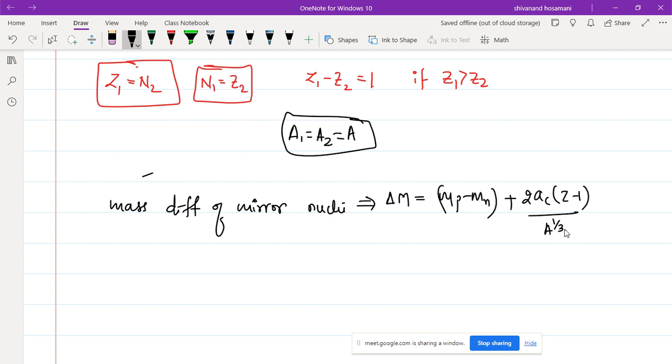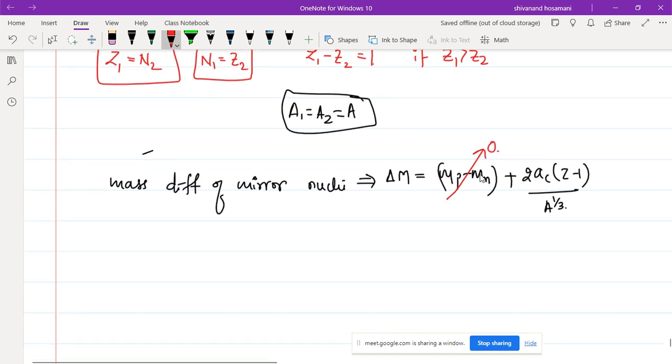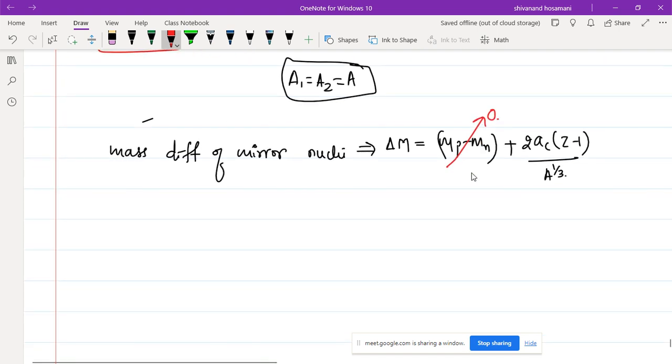Is it 1 by 3 or 2 by 3? It is 1 by 3, as we discussed in the morning class. By neglecting this difference, delta mp minus mn is equal to 0. Then delta m becomes only 2 times AC into (Z minus 1) divided by A to the power of 1 by 3.